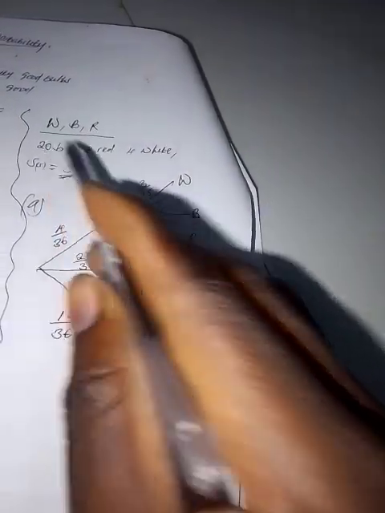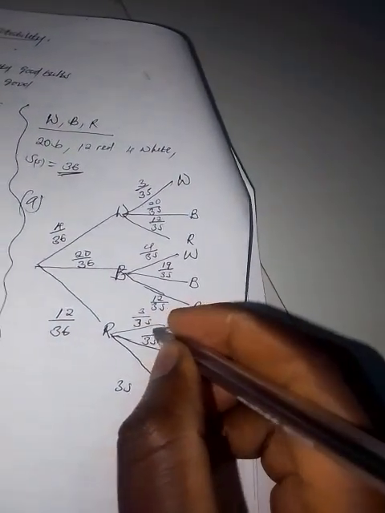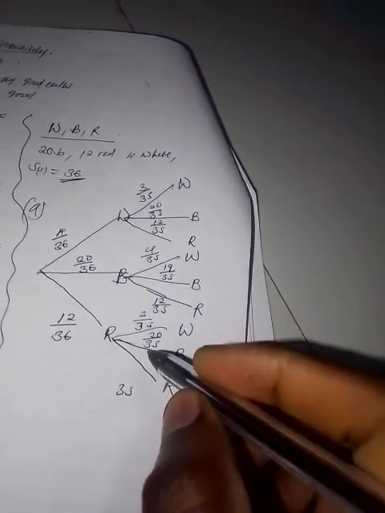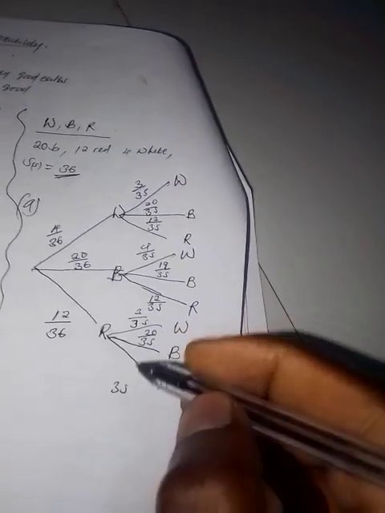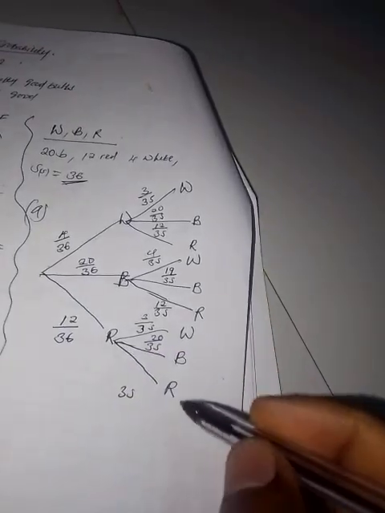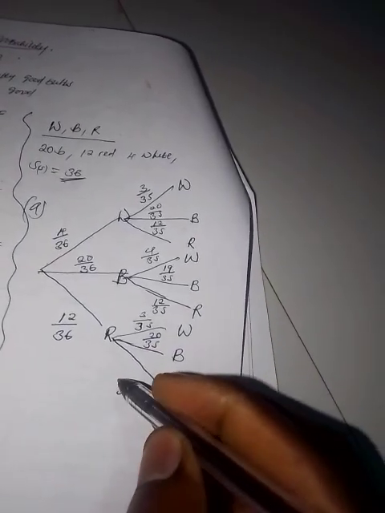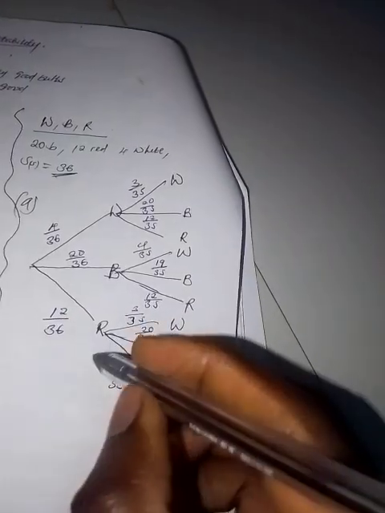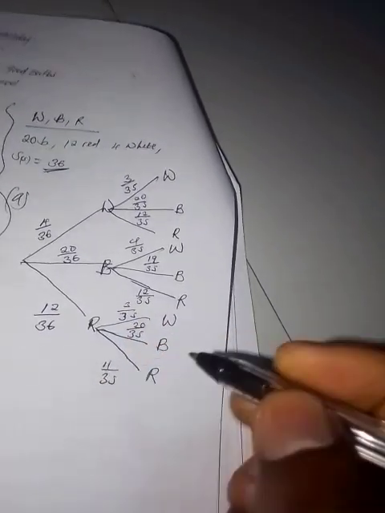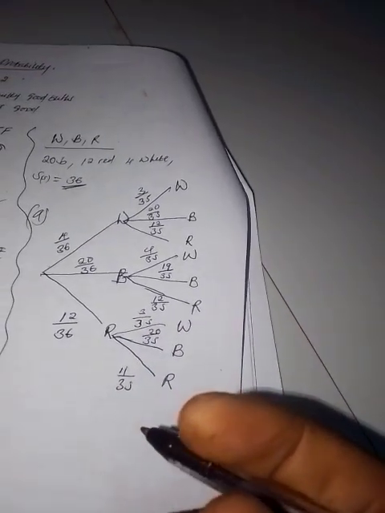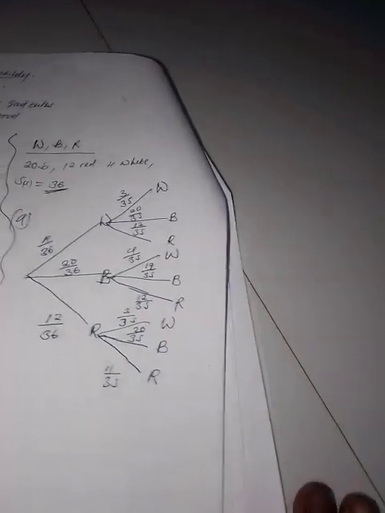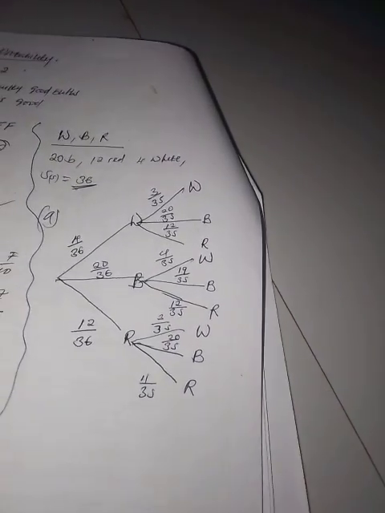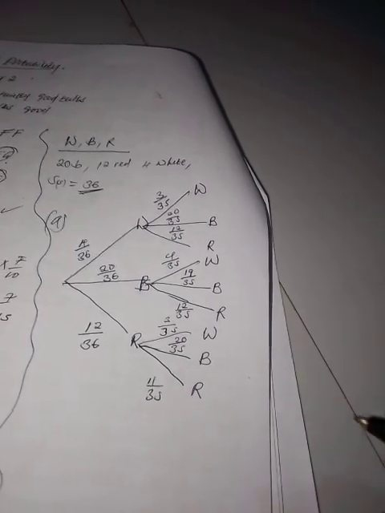So the black ones are 20 out of 35. Then from the red ones, can we get the red button? The answer is yes, we can get. So here we are going to have 11 out of 35. Here we are done with the tree diagram.